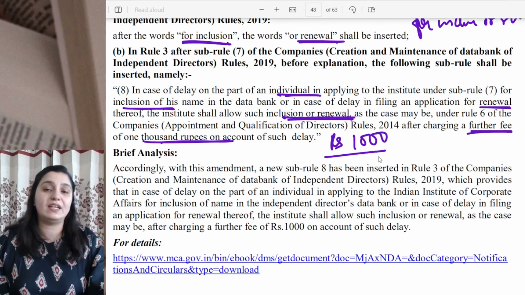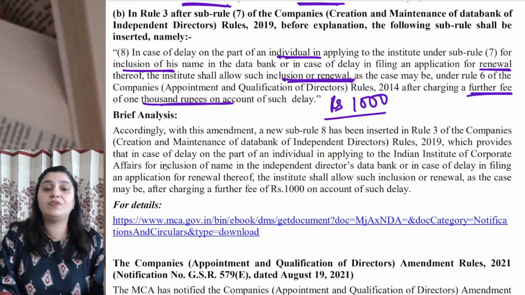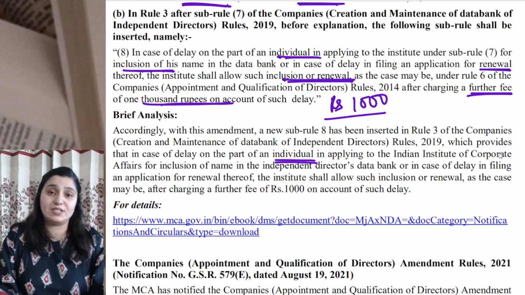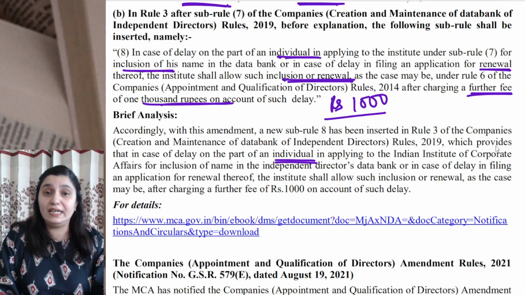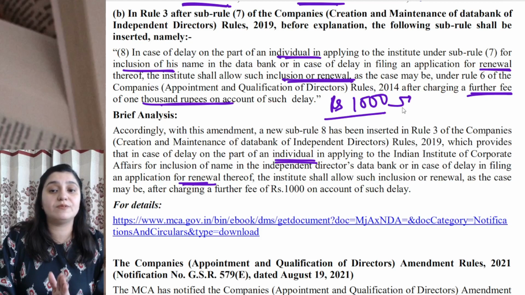Now a brief analysis. The effect of this amendment is that in case of delay on the part of an individual in applying to the IICA, which, as you know, maintains the whole data bank for independent directors, for inclusion of the name, or in case of delay for renewal, this further fee of 1000 rupees applies both to the application for inclusion of the name and for renewal.